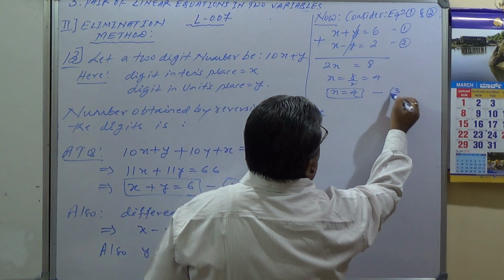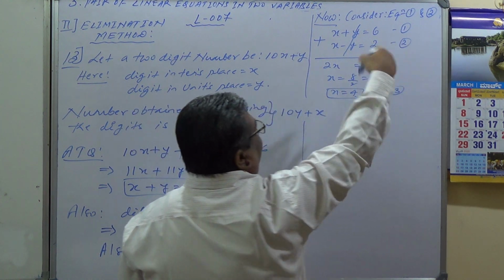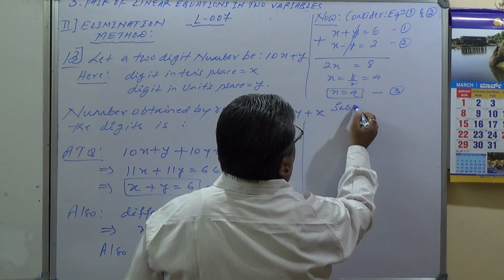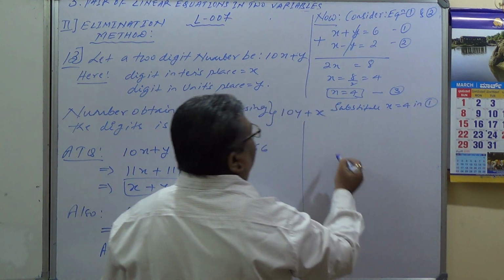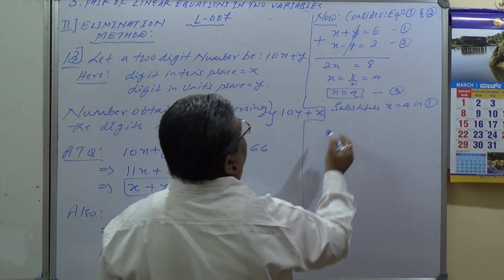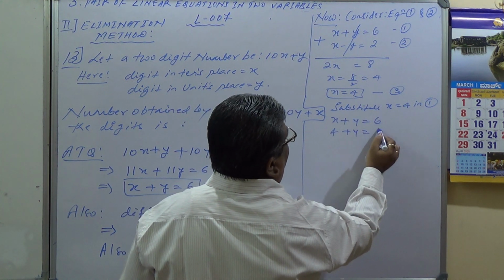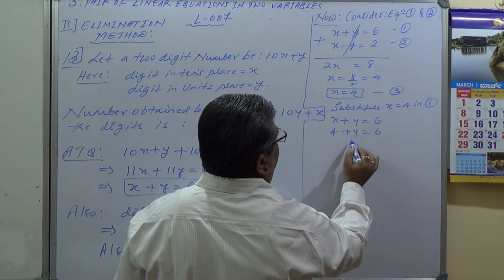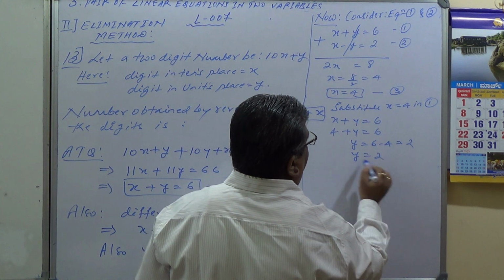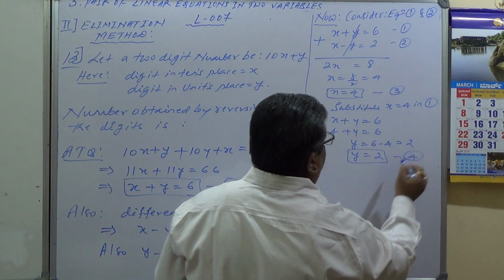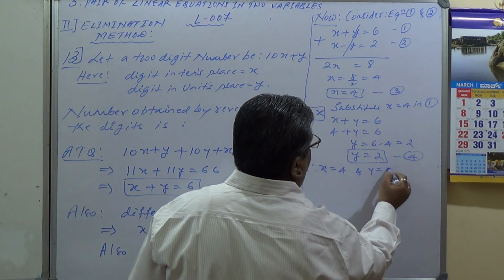Substitute x equals 4 in 1 to get the value of y. What do you get? x plus y equals 6, 4 plus y equals 6. y equals 6 minus 4 equals 2. Therefore, y equals 2. This is the fourth equation. Therefore, x equals 4 and y equals 2.